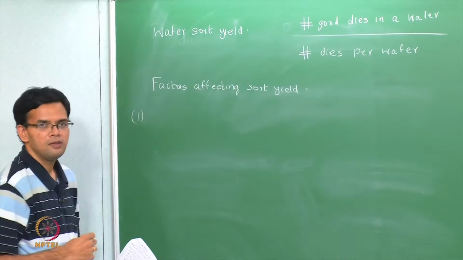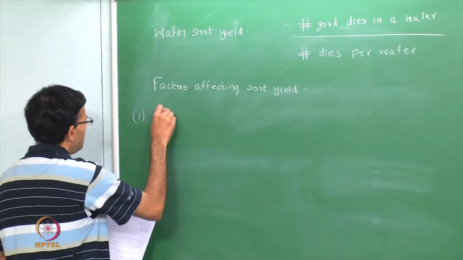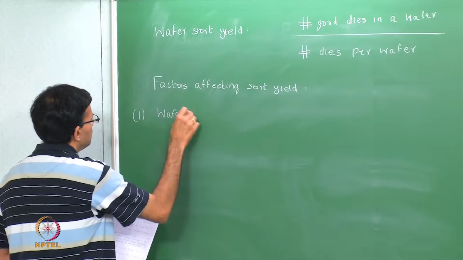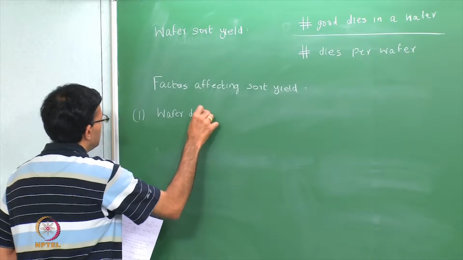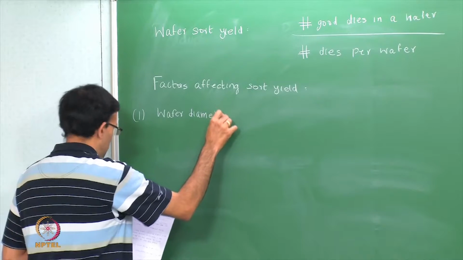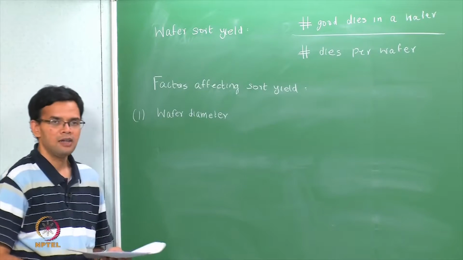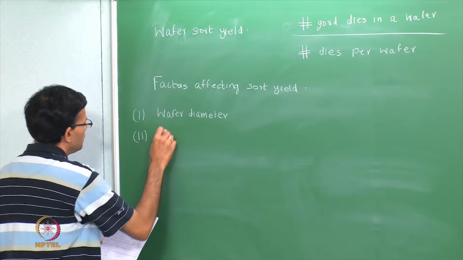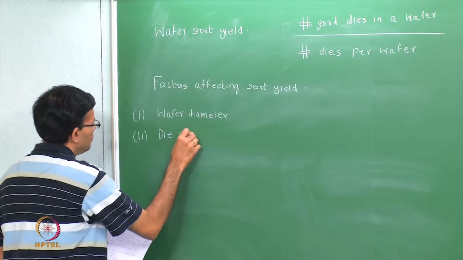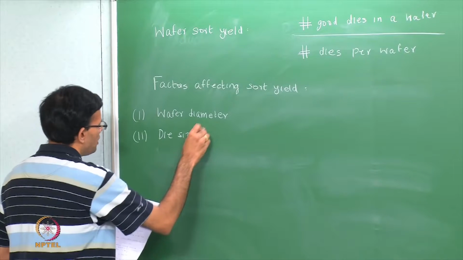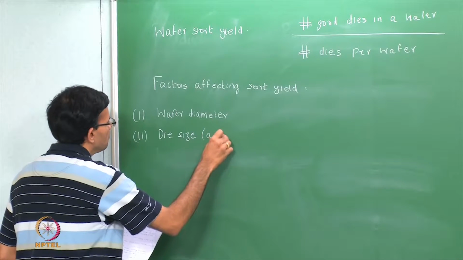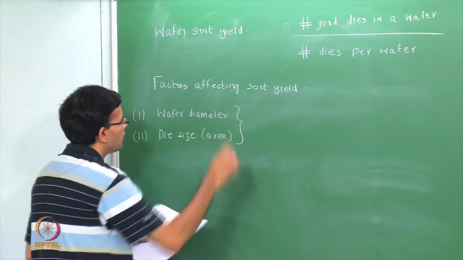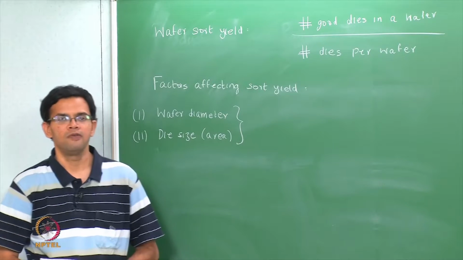The first one is the diameter of the wafer. And linked to that is also the size of the die, or the area of the die. So, these two are sort of linked.